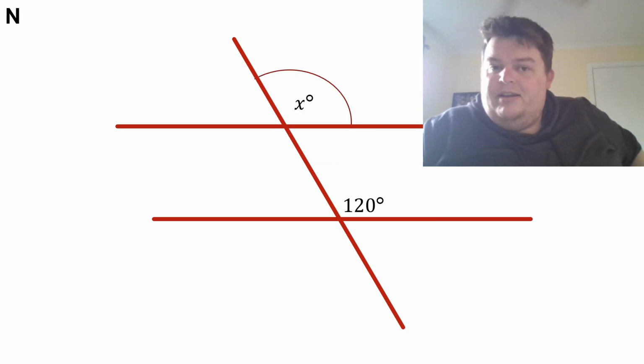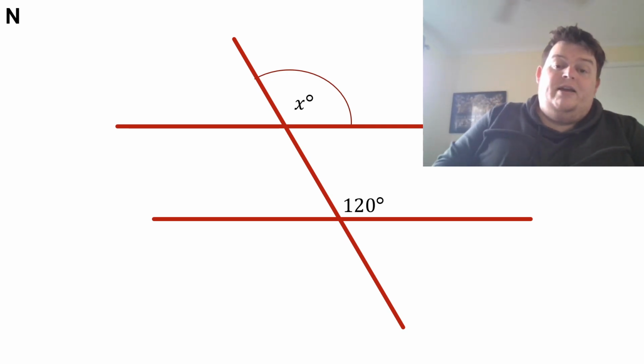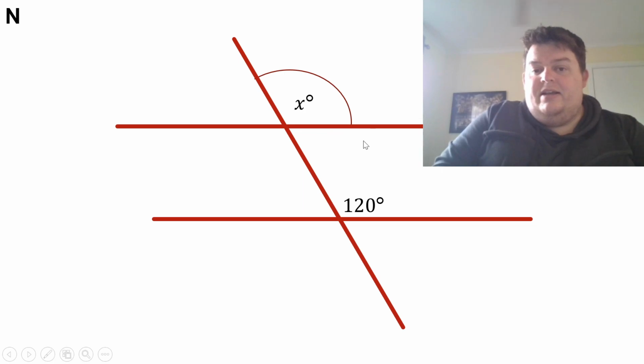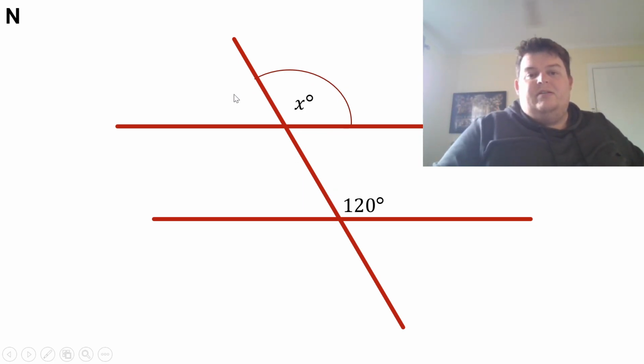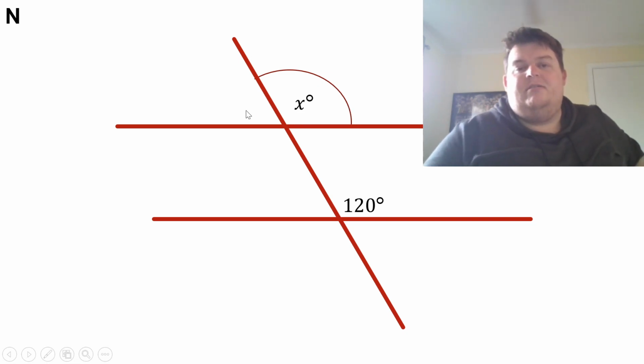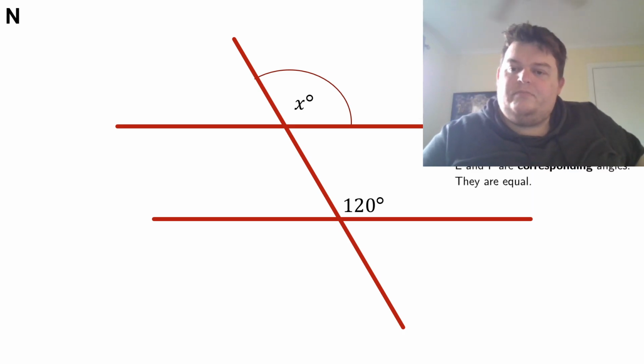Now, in this situation here, I hope you're going to be able to tell me what it is beforehand. If I know that this angle in here is 60, it means I know that this angle above it, because keep in mind this is a straight line going through, if this is 60 here, that means that this has to be what? Well, it has to be 120, doesn't it?